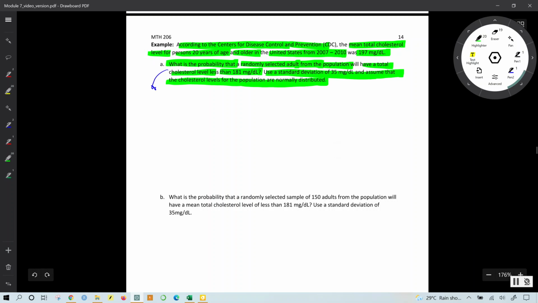So, if we're assuming that we're starting off with a normally distributed population, then we're starting off with a parent distribution whose mean is 197 according to the question, and whose standard deviation is 35. With that given, we're to find the probability.